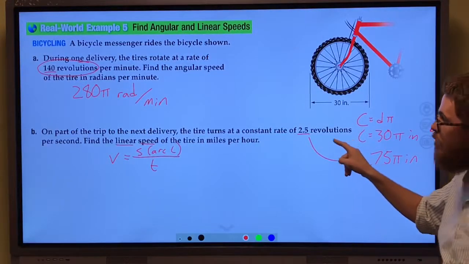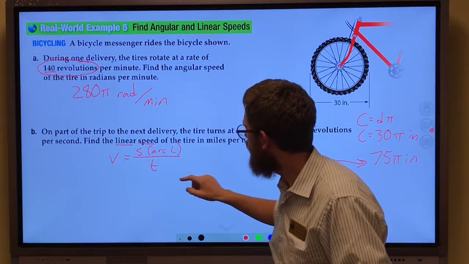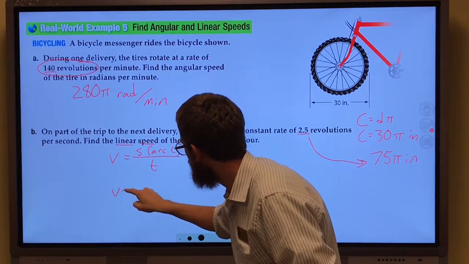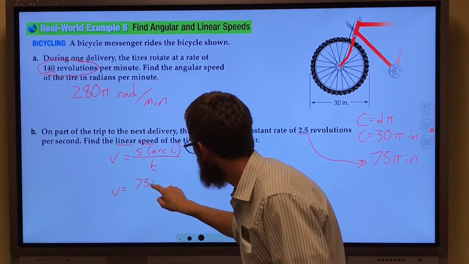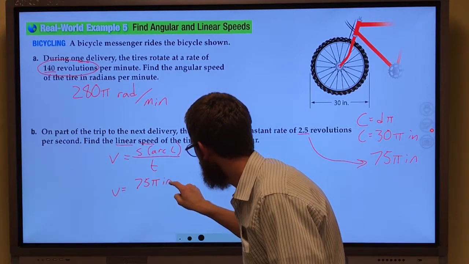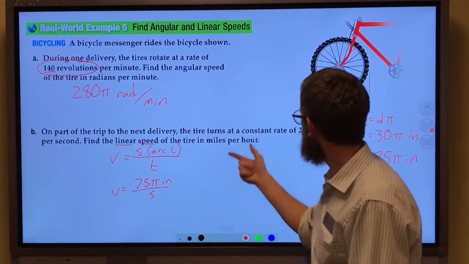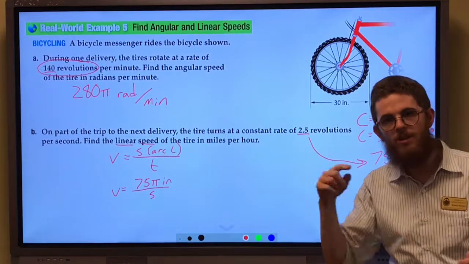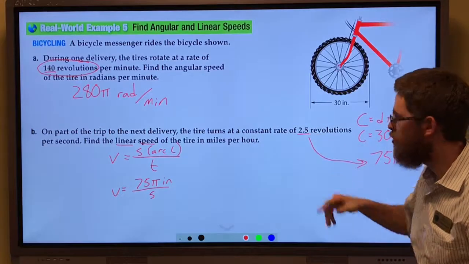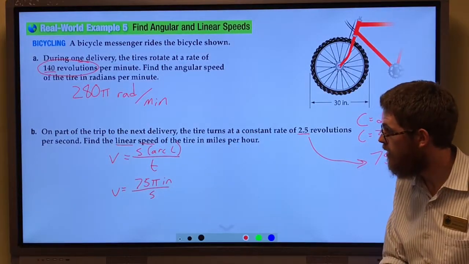So this was in revolutions per second. So that means we are currently at 75 pi inches per second. We just changed those revolutions to be in inches. We found the arc length that was corresponding to 2.5 revolutions.